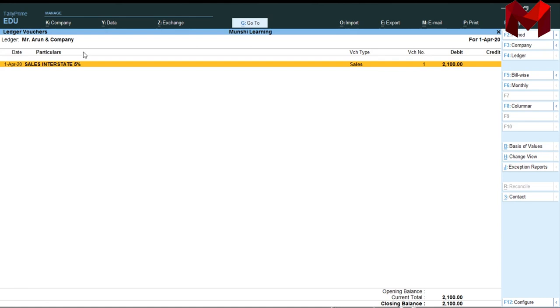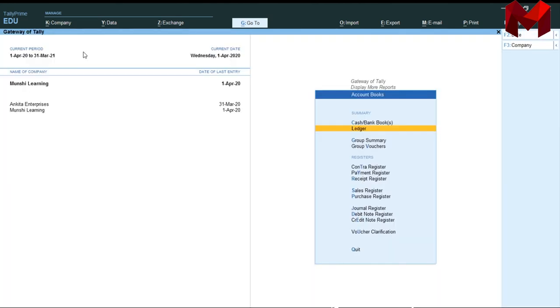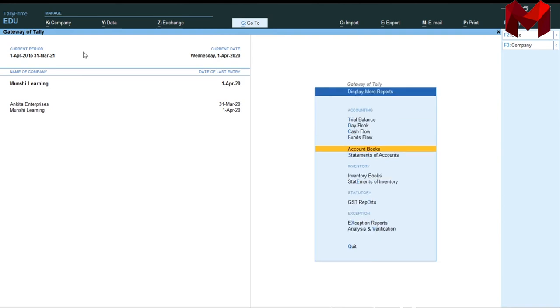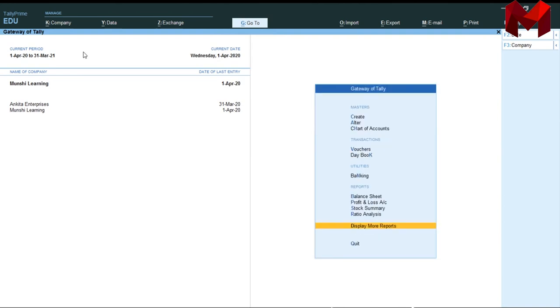And 2100 is the debit balance, that we are going to take the amount of 2100 from Mr. Arun. Now, if we enter the credit note against this bill, it is just a reverse entry of sale, because the amount of sale is going to be reduced with this credit note. It is a kind of reversal of sale.